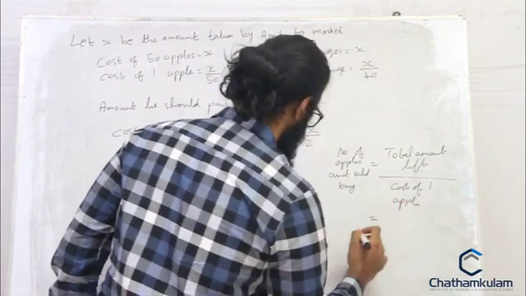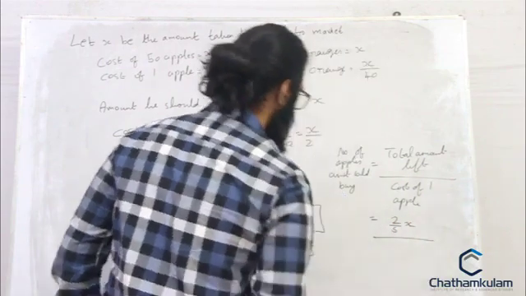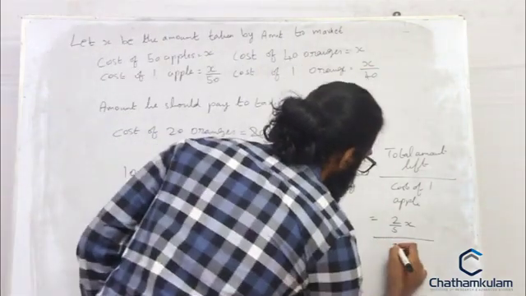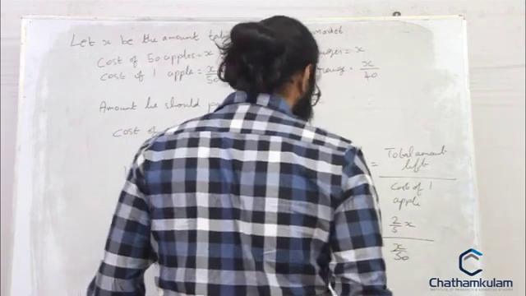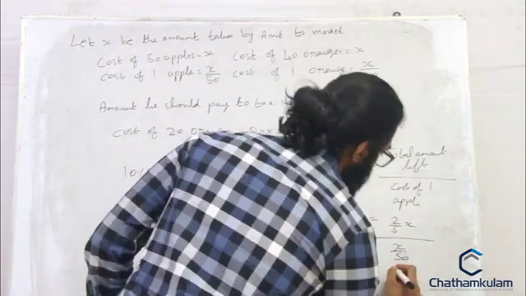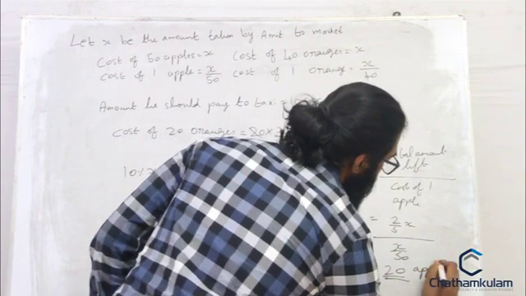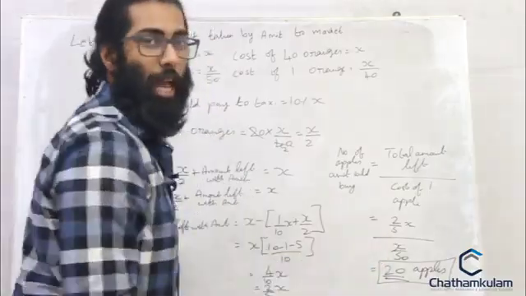That is equal to 2 by 5 X whole divided by, what is the cost of one apple? It's X by 50, right? So we cancel this and get 20. Yes, so he could buy 20 apples with this left out amount.